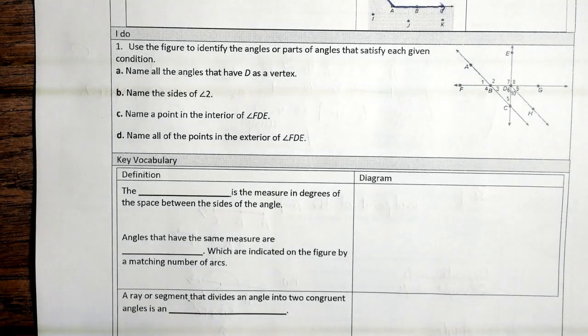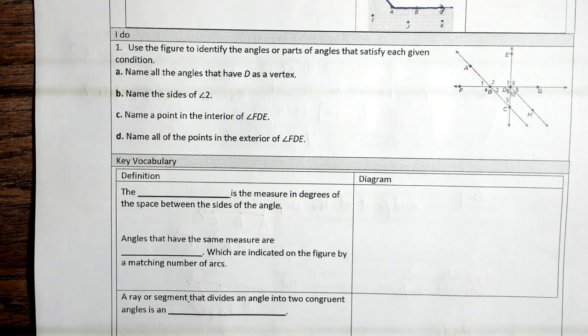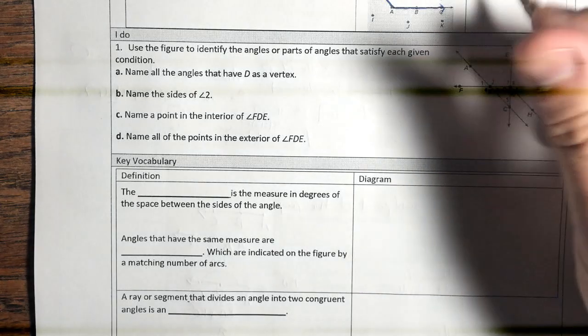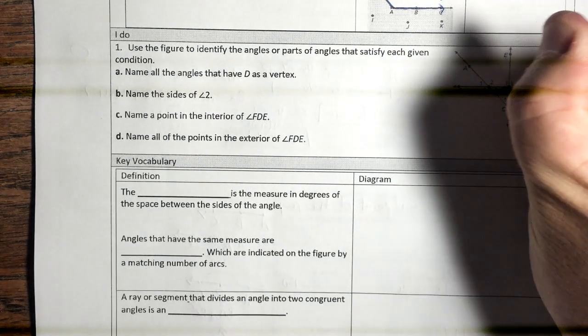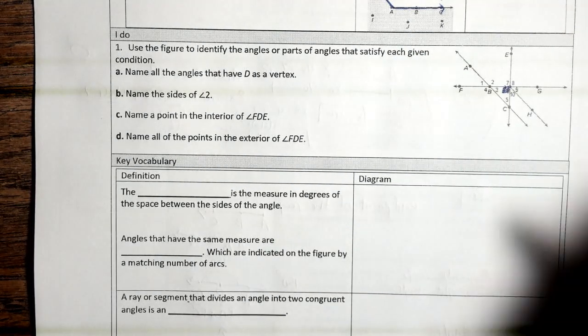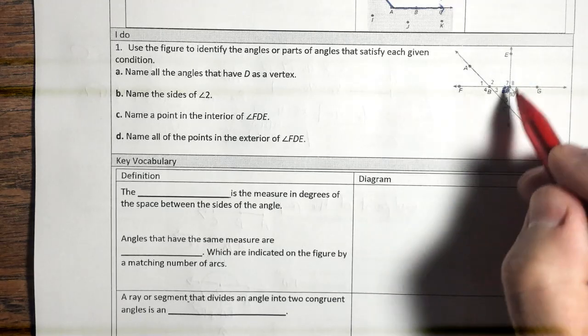Number 1, use the figure to identify the angles or parts of angles that satisfy each given condition. Alright, letter A. Name all the angles that have D as a vertex. Okay, so let's go in here and label D. So D is right here, and this is a vertex.